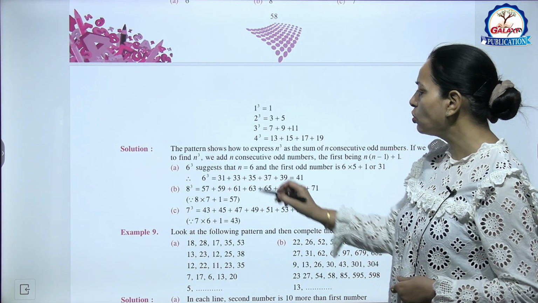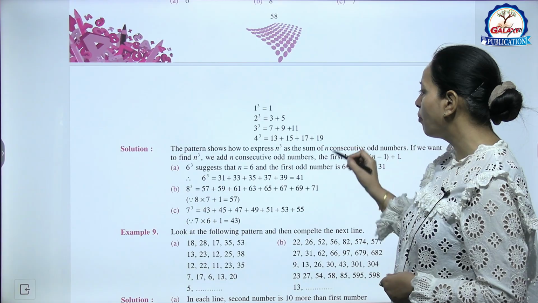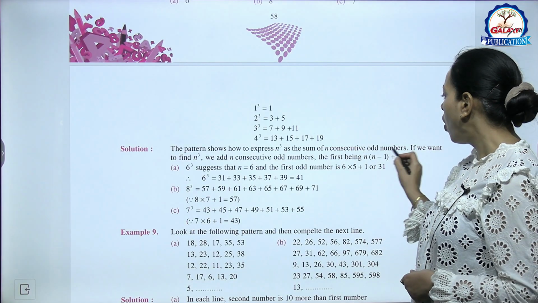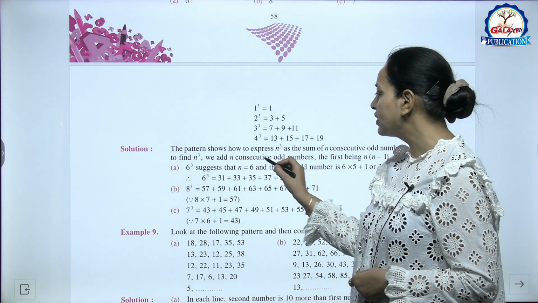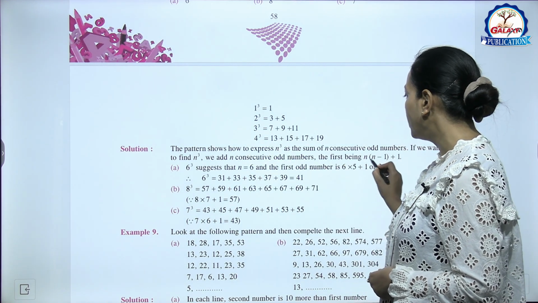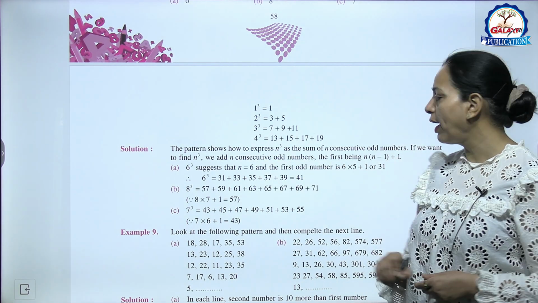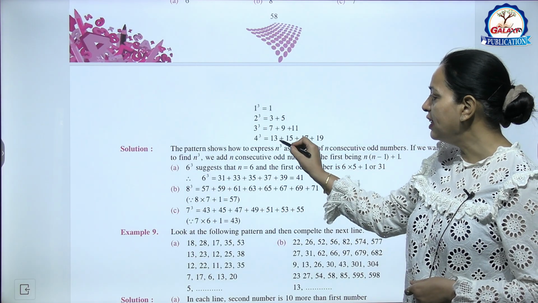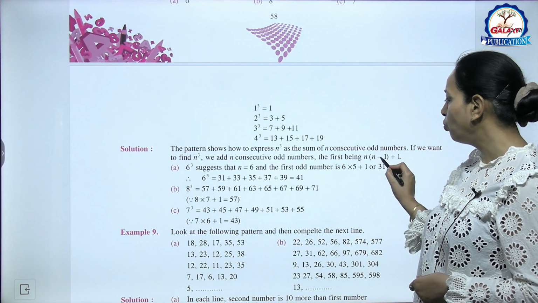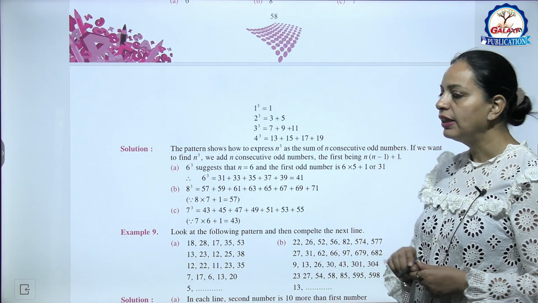So this pattern shows how to express n cube as the sum of n consecutive odd numbers. If you want to find n cube, we add n consecutive odd numbers, the first being n into n minus 1 plus 1. Okay, जैसे यहाँ पर हमने 13 से स्टार्ट किया, यानी 4 into 3, 12 plus 1, 13.